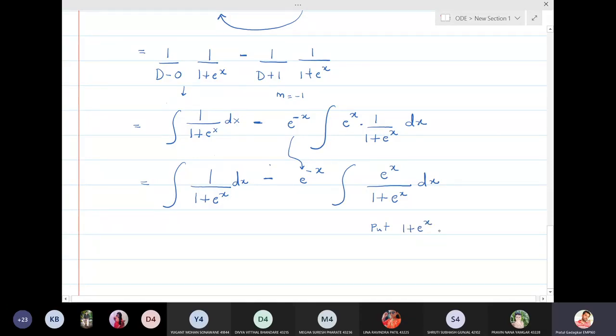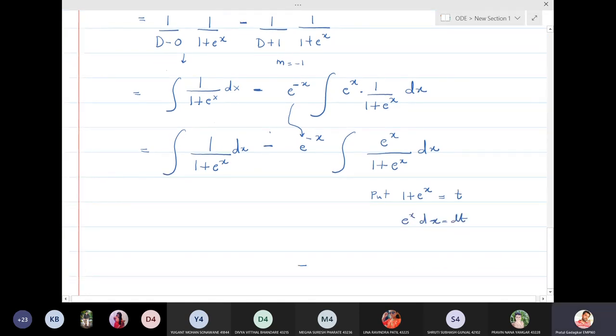Okay, you can put this as t. Therefore, when I differentiate, I will get e raised to x dx equal to dt. And therefore, the second part of the integration is easy.